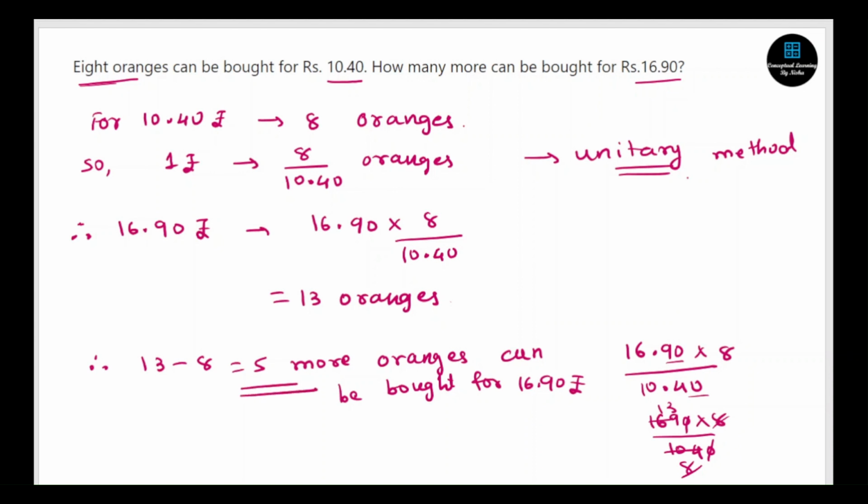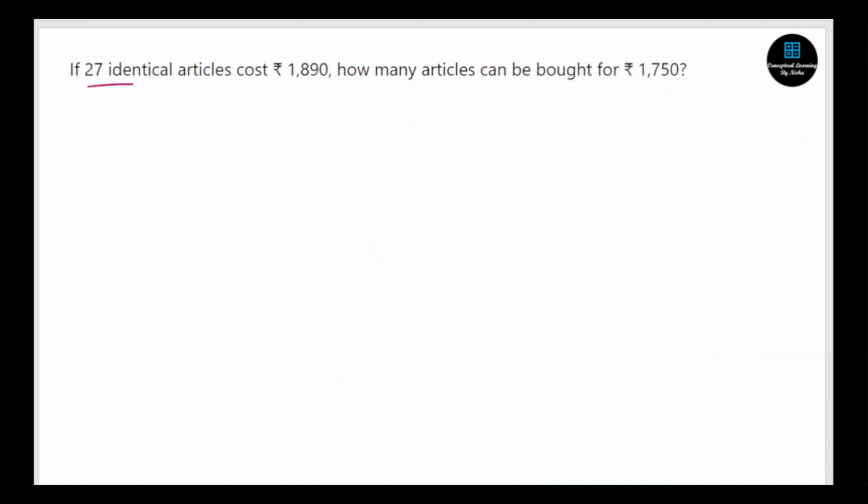Alright. Now 27 identical articles cost 1890. How many articles can be bought for this much amount, right? Now here I can use any method, table method or unitary method. So I'll show you with the unitary method. Okay.